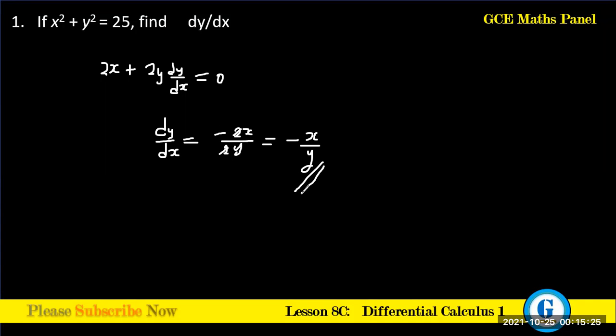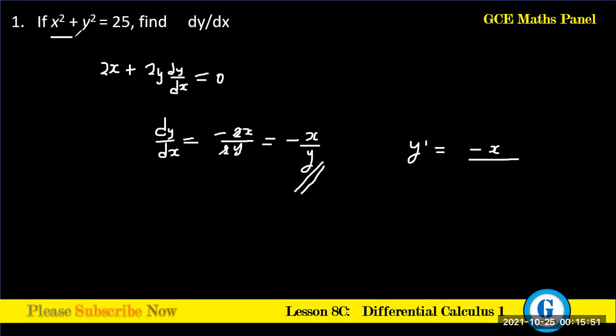But a question like this may equally be asked, and they say that you should leave your answer only in terms of x. So if I'm to leave this only in terms of x, then my dy dx or y prime will be equal to, the numerator is already in terms of x, so I have minus x. And for the denominator, I have to make y the subject of the formula from the equation.